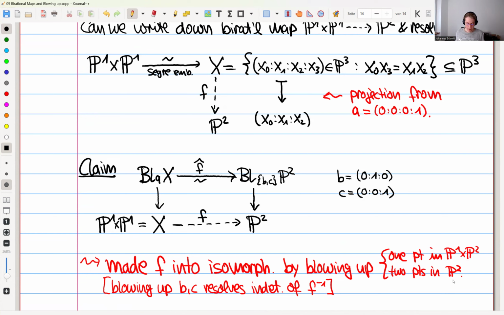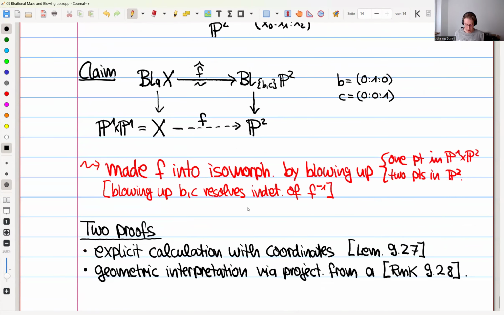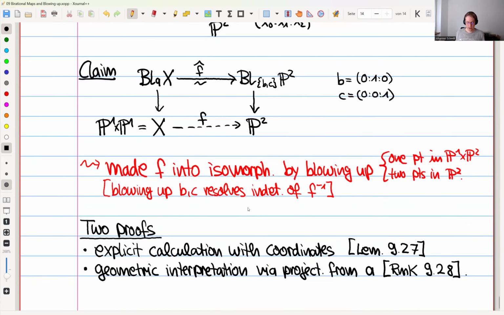Okay. And so what I did here was I just described the story, how it works. And if you want to have more details, there are 2 different proofs, and they're both given in Gathmann's script, but I'm not going to discuss the details here. The first proof is a very explicit calculation with coordinates.